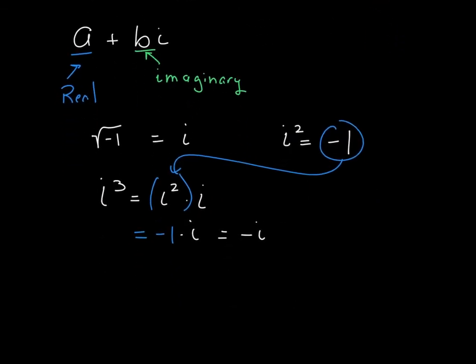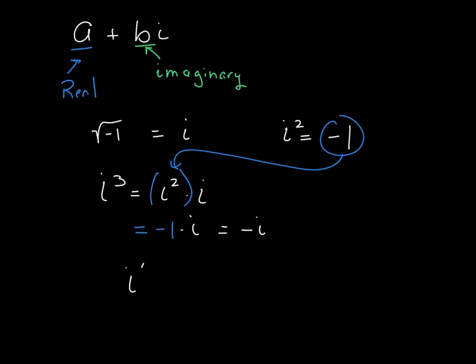And then the last one that we'll do is i to the fourth, which is the same thing as saying i squared times i squared, which is -1 times -1, for the same reason as above. Every time I have i squared, it's equal to -1. So i to the fourth power is always equal to 1. This goes in a circle.